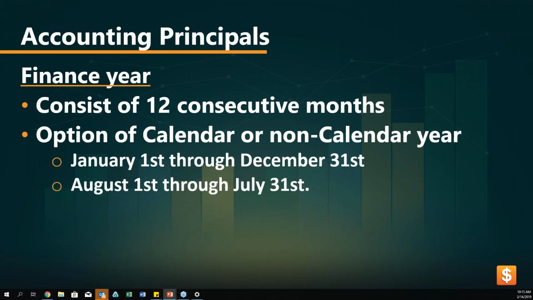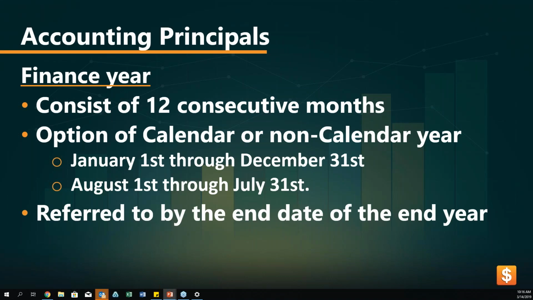You do have the options of calendar or non-calendar. So it could be January 1st through December 31st, or it could be non-calendar, for example, August 1st through July 31st. We have lots of churches who use calendar years, and we have lots of churches who use non-calendar years.